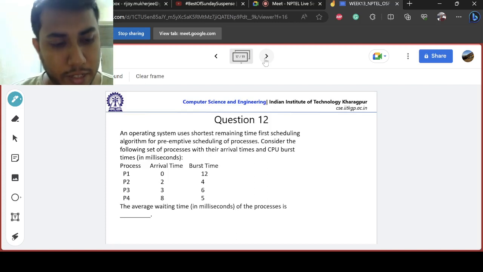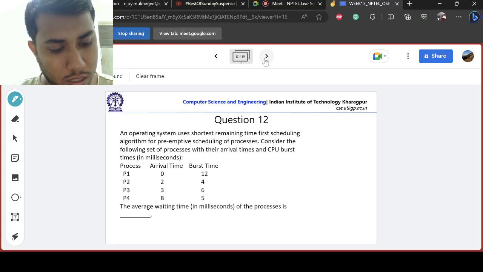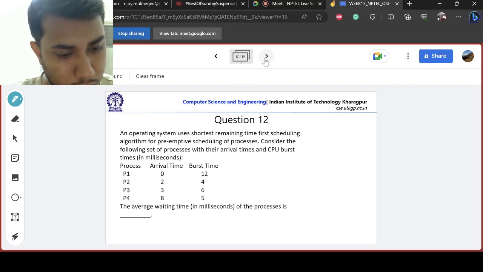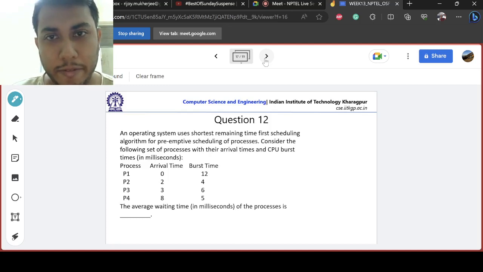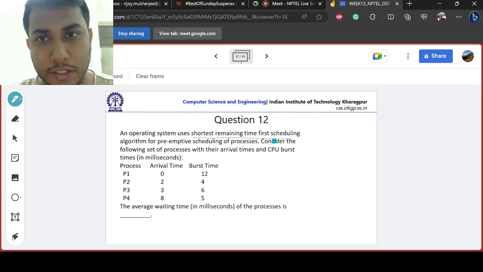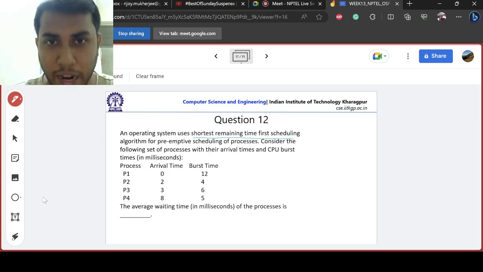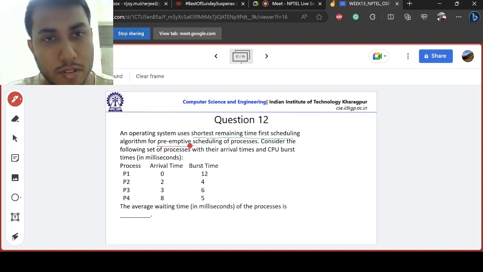Our operating system here uses a shortest remaining time first scheduling algorithm, with preemptive scheduling of processes. What does preemptive mean? It means a process can be swapped out as and when required.